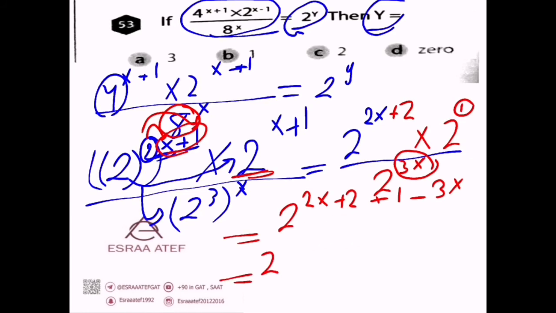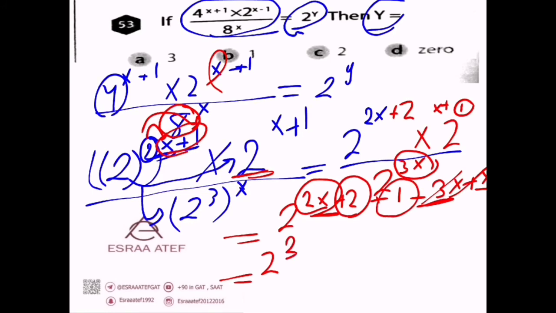Okay, now solve it. 2x, sorry, we have here x. Okay, so it's x plus 1, so we have here again x. Okay, so 2x minus 3x plus x, they will go with each other, because it will be 3x minus 3x. And here we have 2 plus 1, so it will be 3.